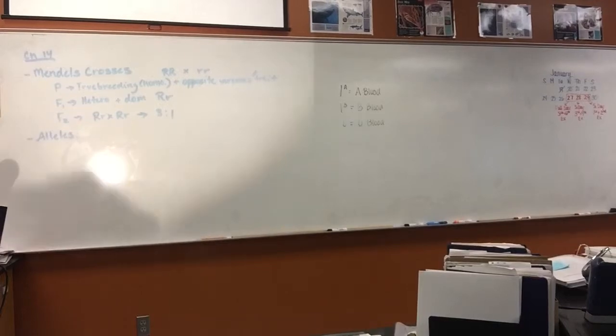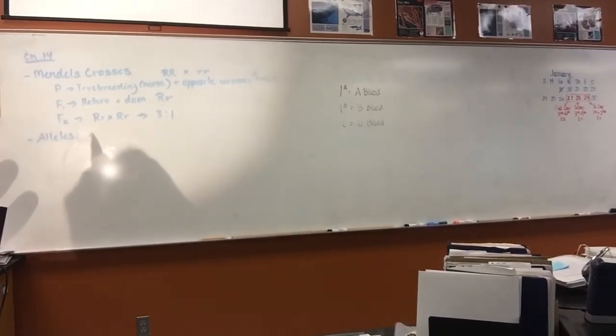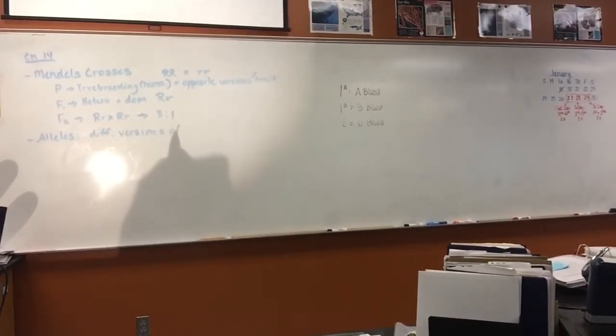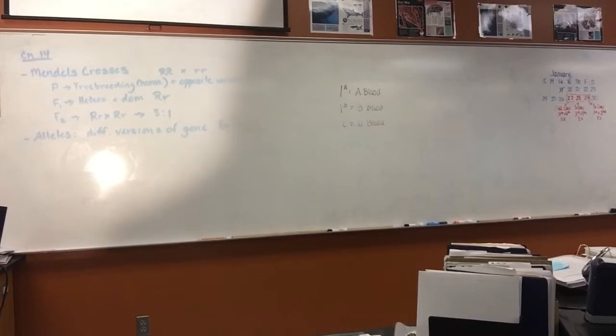So alleles, the different versions of the gene. So example, big R or little r is an example of the two different versions.